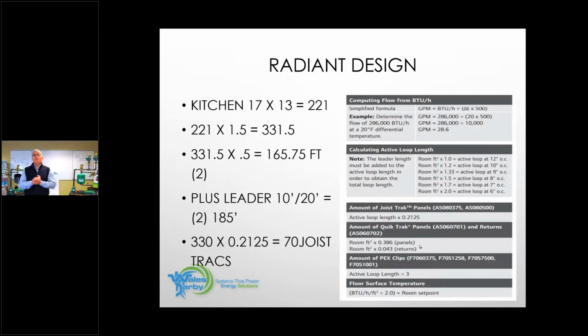Since we're going to do joist track, steel tracks about 4 inches wide, I think they're 48 inches long, and we run them down the length of the bay. They're right up against the subfloor, and we're going to snap our tubing into those joist tracks. So then I have to insulate, and I insulate right up against the subfloor. There's no air gap when you're using any type of panels or plates, I should say.